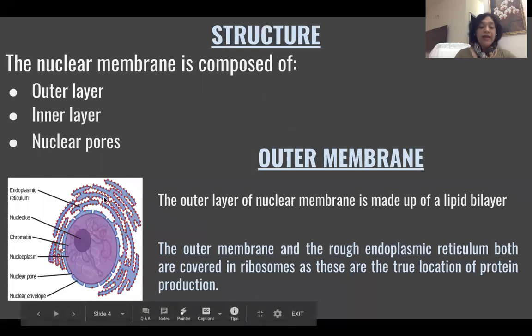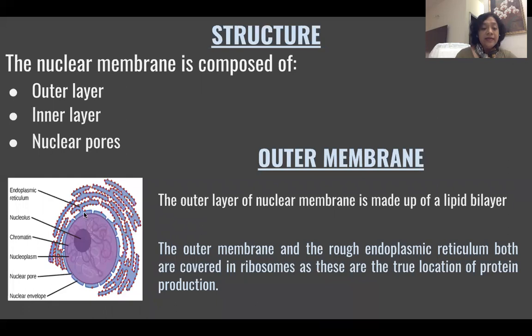Can you see this diagram over here? This is the outer membrane of the nuclear envelope. Follow my cursor, and you can see that it continues into the much branched endoplasmic reticulum.